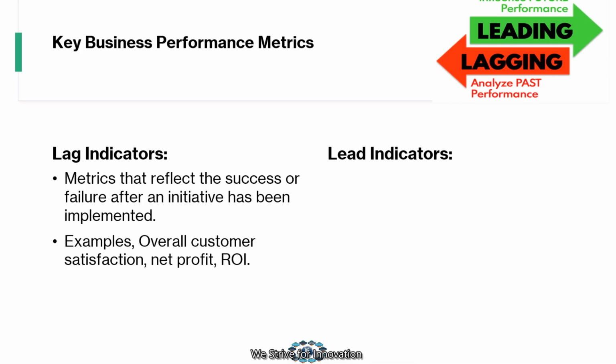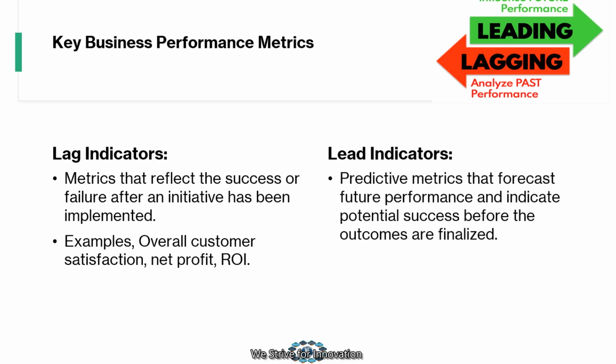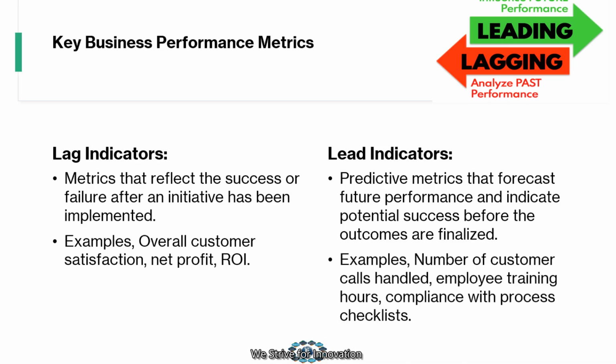What it does is predictive metrics that forecast future performance and indicate potential success before the outcome is finalized. Examples would be the number of customer calls handled in the future, employee training hours, compliance with process checkout, and so on and so forth.